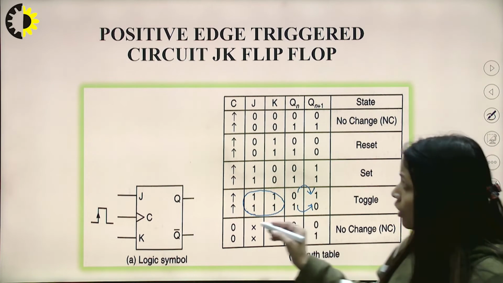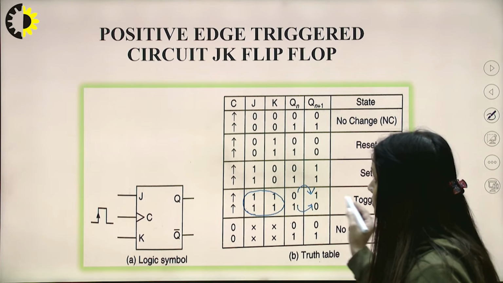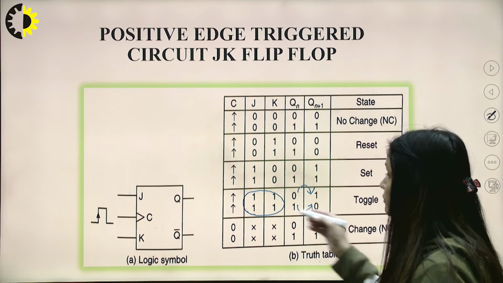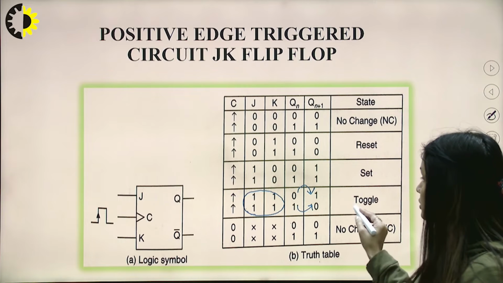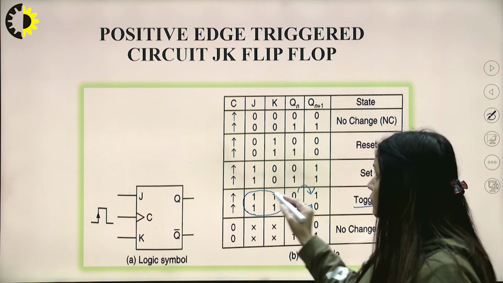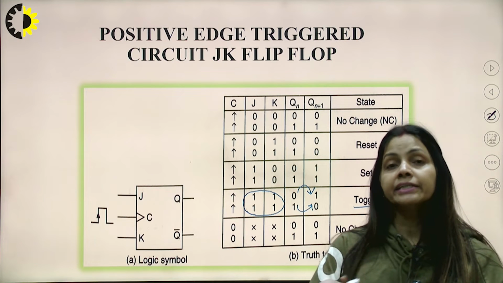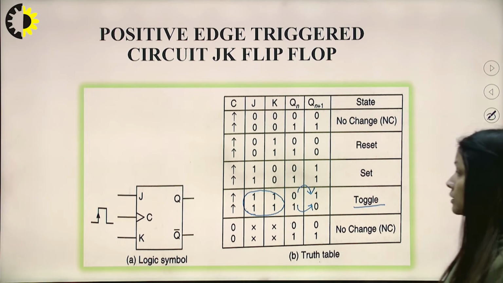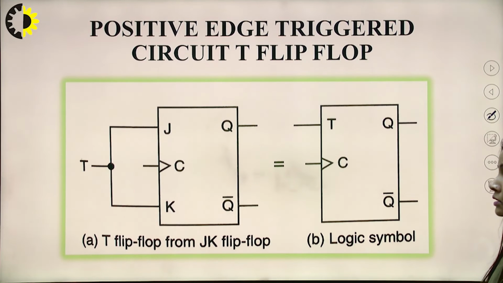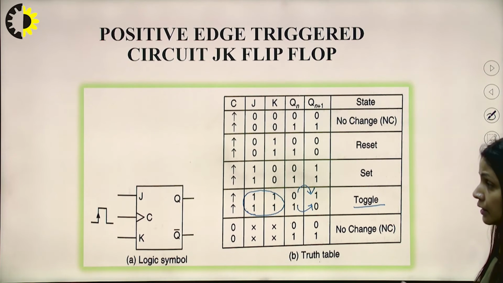This is how we can understand the function of the JK flip-flop. There is a toggle, that means for J and K both 1, the previous output gets reversed.